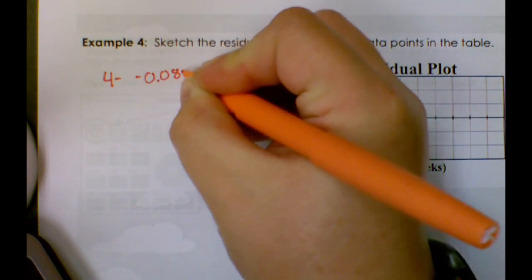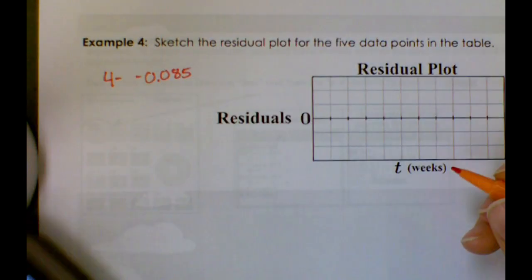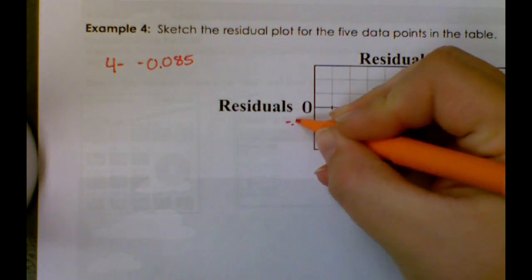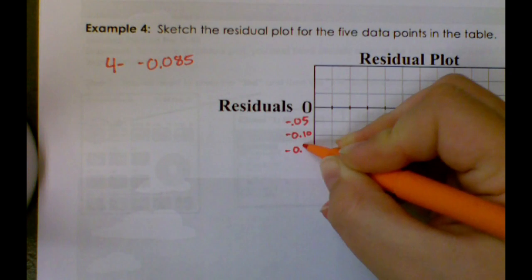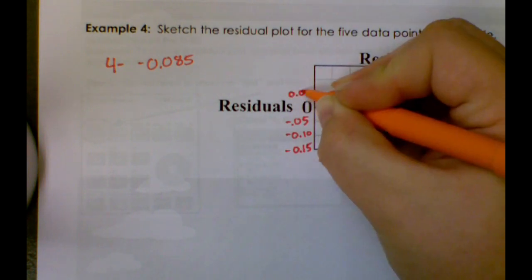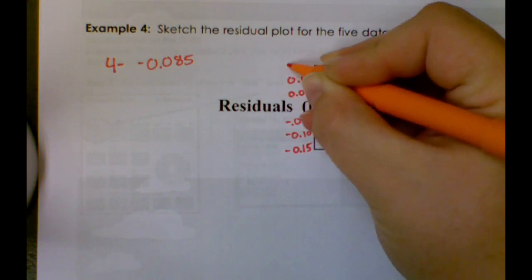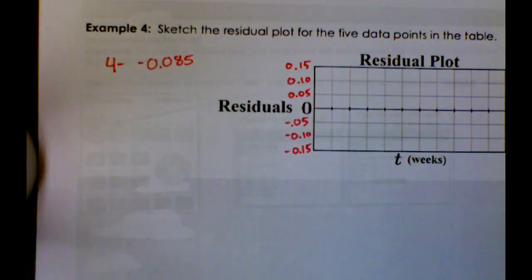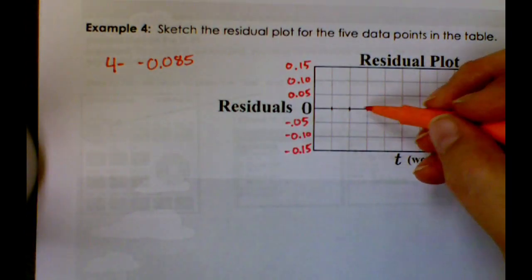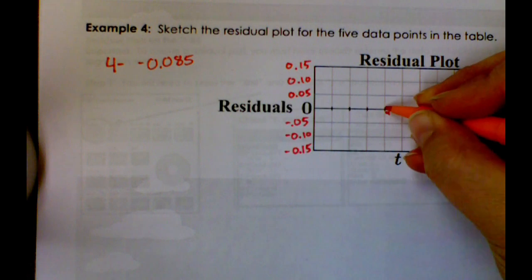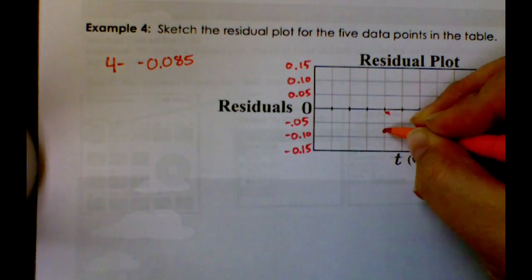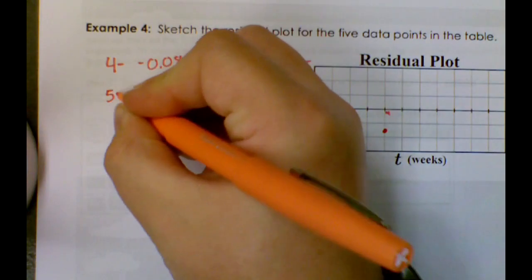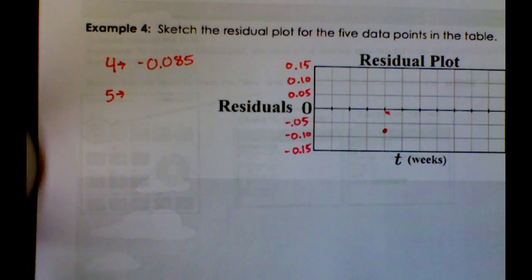So we're going to make this negative 0.05, negative 0.1, negative 0.15, positive 0.05, positive 0.1, positive 0.15. And we'll make this each week. 1, 2, 3, 4 weeks is right here. So negative 0.085 is about here.